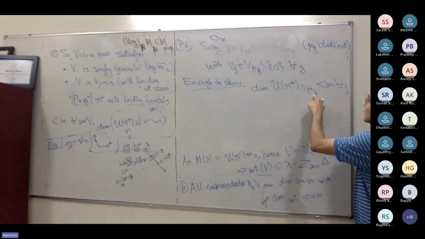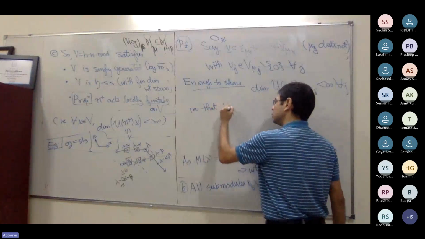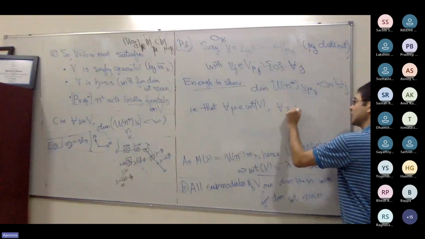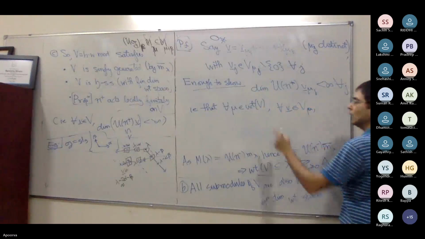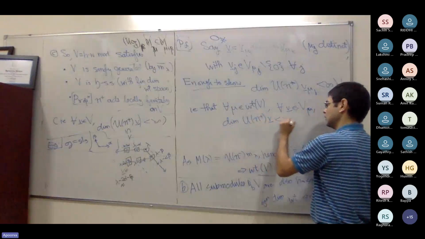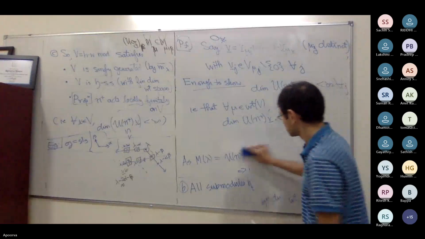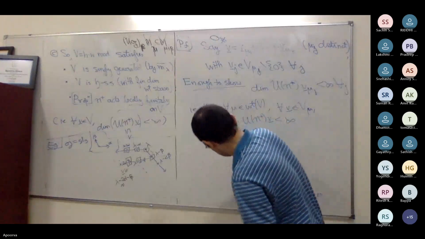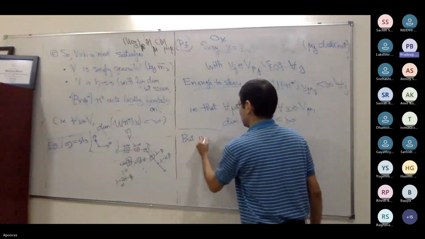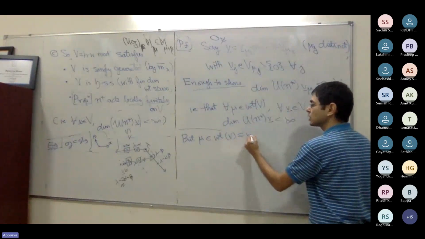So now I may as well assume that this is so, i.e. that for all mu belonging to the weights of V, for all V in V mu, this is finite. But now let us write down mu. Remember that mu is in the weights of V, and V is a quotient of the Verma module.